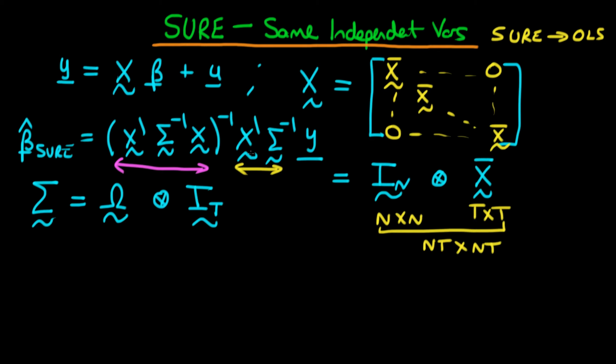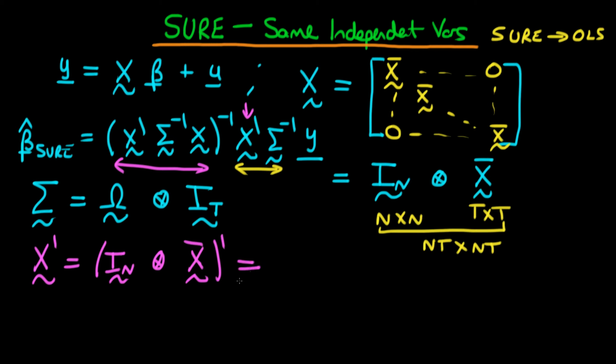Okay, so first of all, let's think about X', because that's the first part of the product which we're considering. We know that X' is essentially the Kronecker product of the identity matrix I_n with the matrix x bar, all transposed.